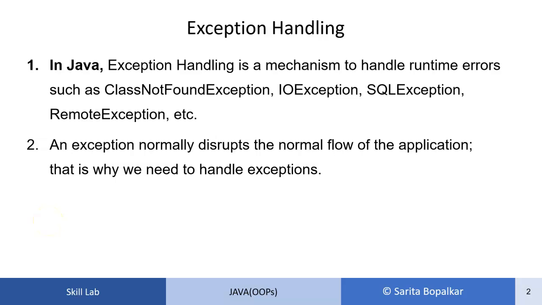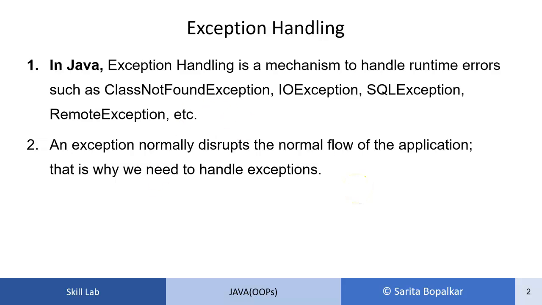Third type of errors are runtime errors, and it is also called an exception. Exception occurs because the user is not handling the program properly, mishandling of a program. Due to exception, application working stops.